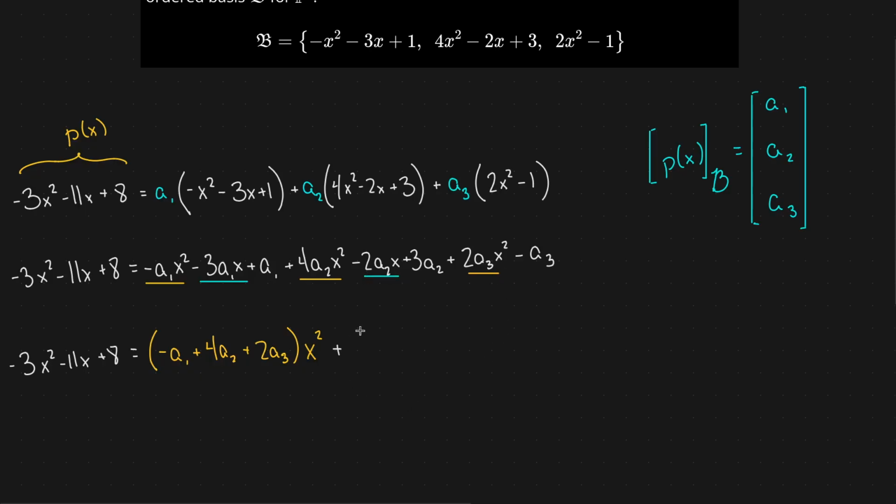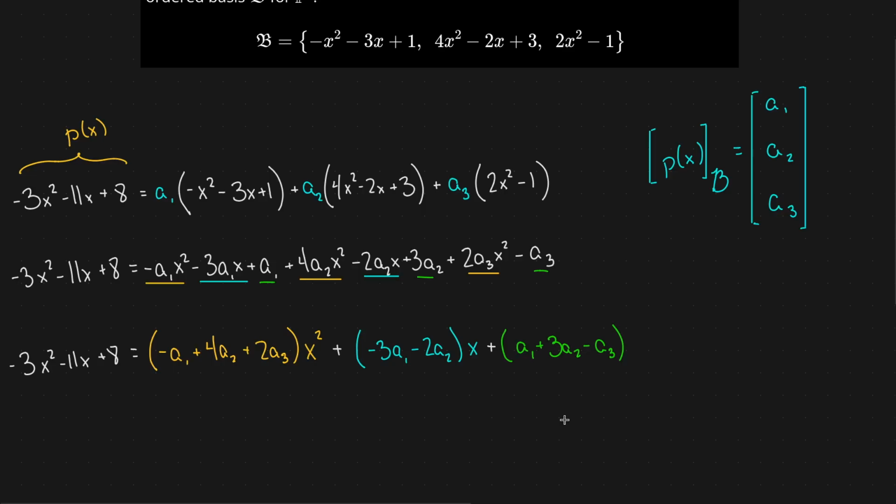Just those two. I get negative 3A1 minus 2A2 x. And then finally, the constant terms. So that's A1 plus 3A2 minus A3.